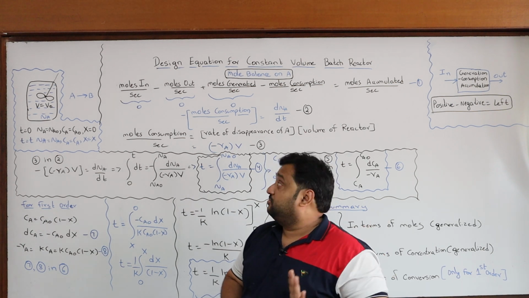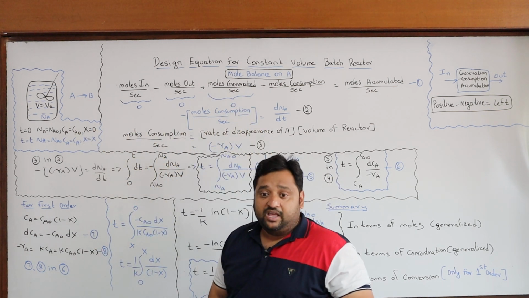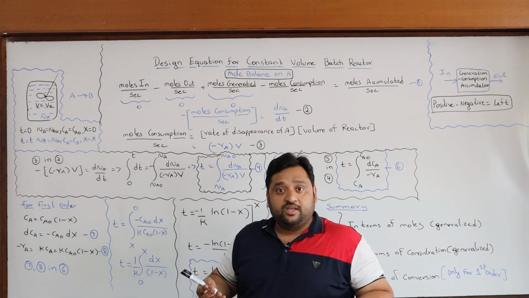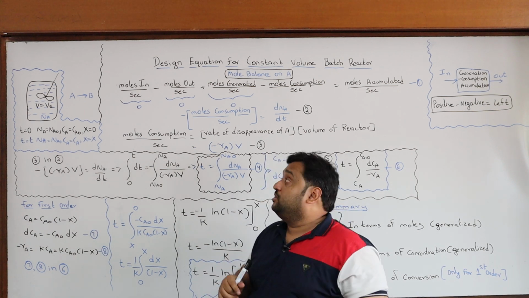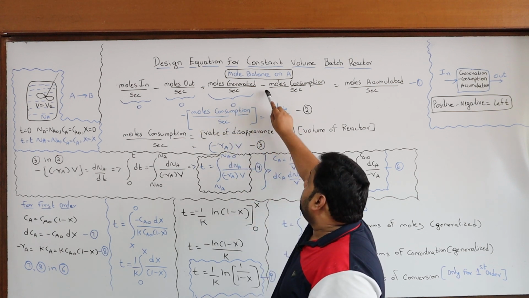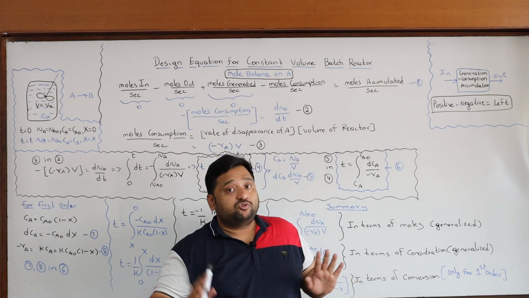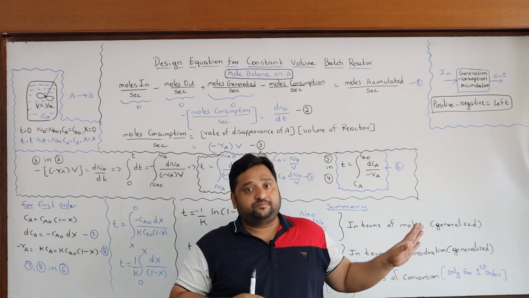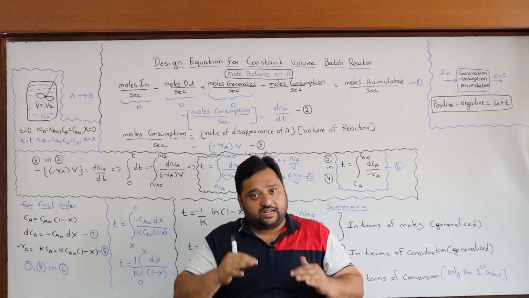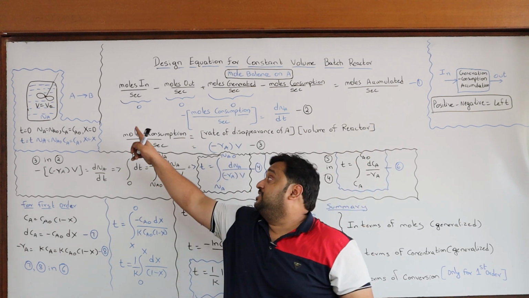Plus moles generated in the reactor, for example if moles are getting formed, that is positive: how many moles of A are generated per second, minus how many moles of A are consumed per second. So in, out, generation, consumption. The balance is what gets accumulated inside the reactor.